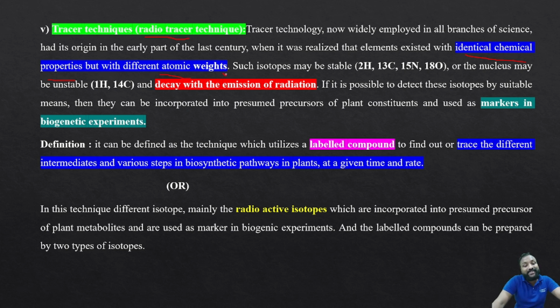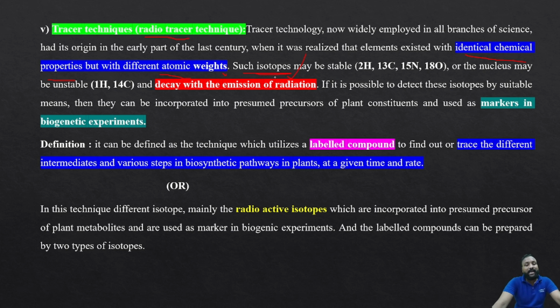That should be considered an isotope. In the tracer technique, we are going to investigate biogenetic studies by using isotopes. Why are we taking isotopes? Because they have identical chemical properties, but they differ in atomic weight.